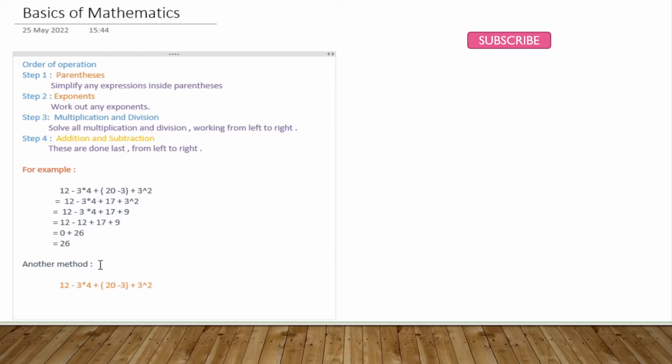First of all, 12 write as it is, and next minus 3 4s are 12, and plus 20 minus 3 is 17, and plus 3 square 9, and in the next step 12 minus 12 is 0, 17 plus 9 is 26.